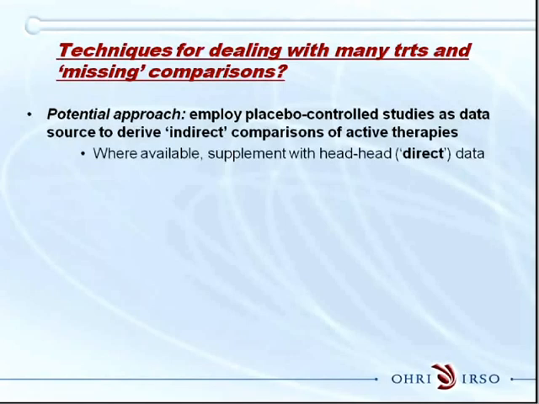And then network meta-analysis, as you'll see throughout the duration of today's presentation, is a technique where we can say, well, we do have placebo-controlled information. We also have some head-to-head information on the treatments of interest. And network meta-analysis will allow us to combine what we call direct information as well as indirect information.